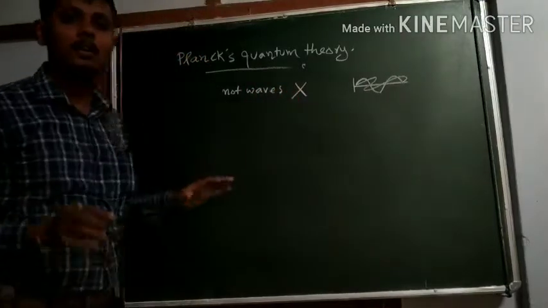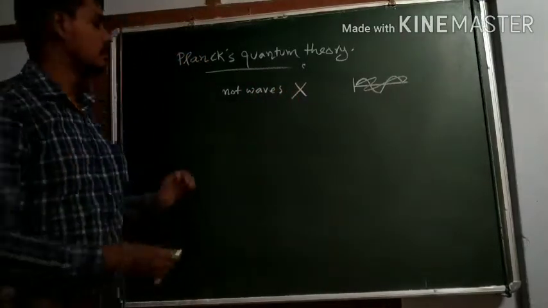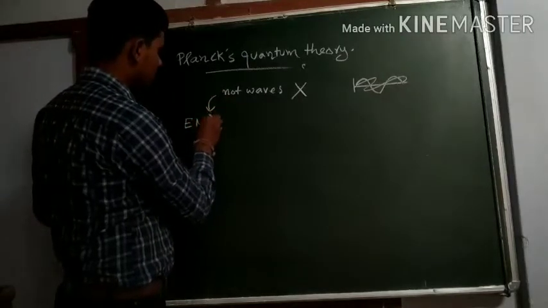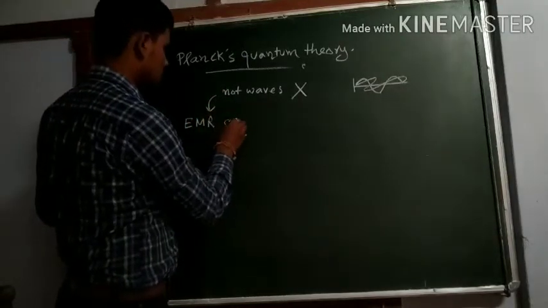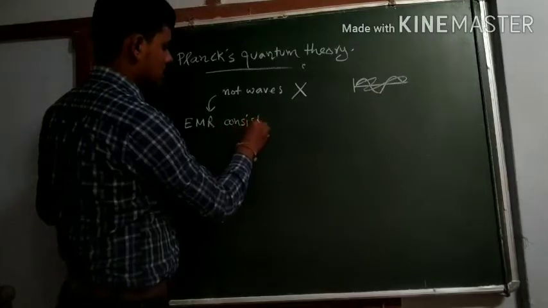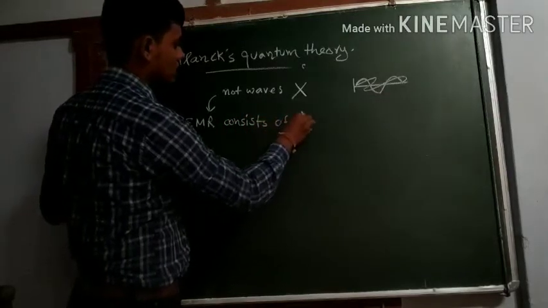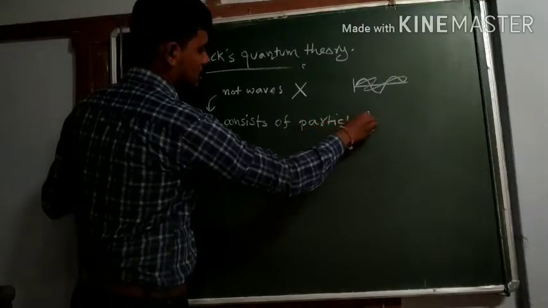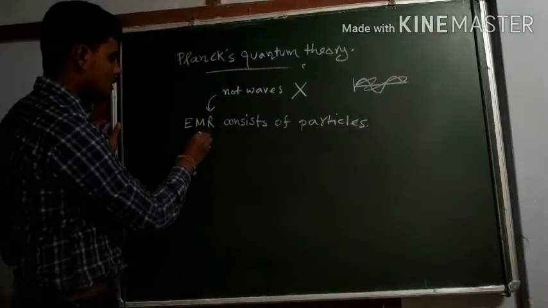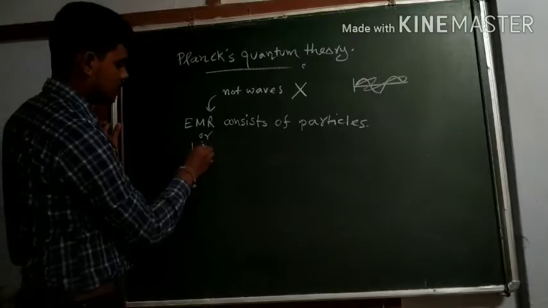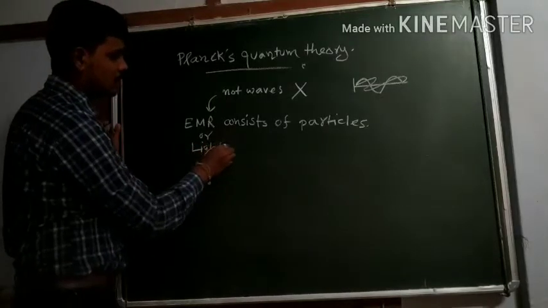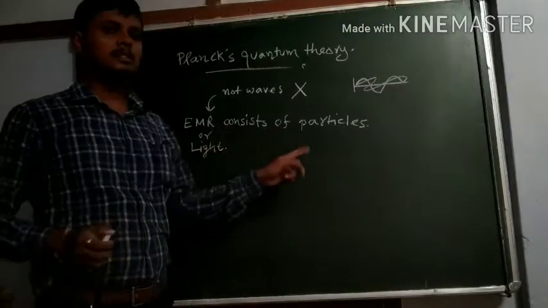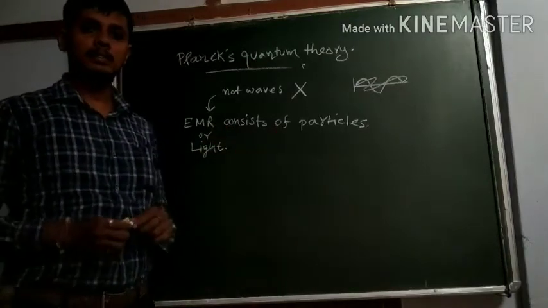Electromagnetic radiations are not waves, but instead electromagnetic radiations consist of particles. Electromagnetic radiations or light consists of particles.